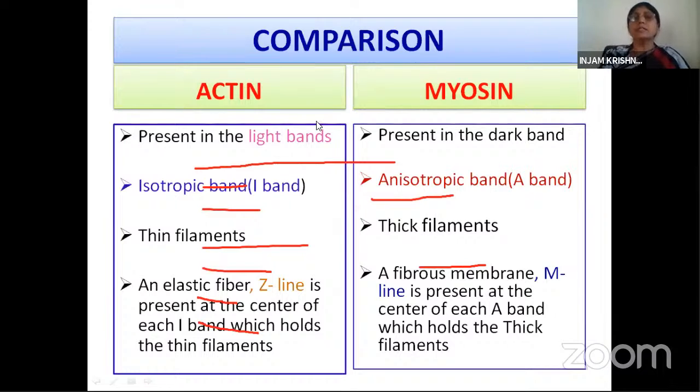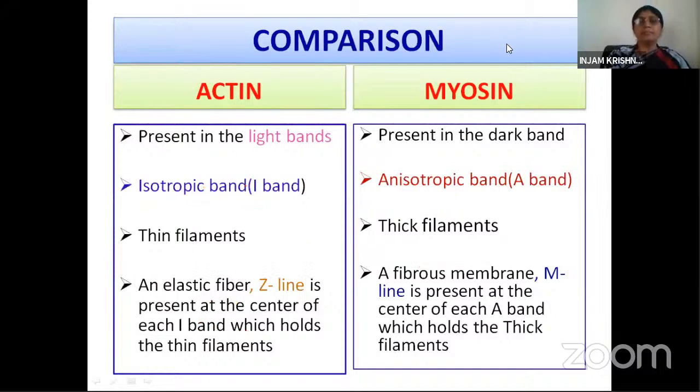Yes, I want to do the comparison of actin and myosin, because these two are the contractile proteins, not regulatory, sorry. I want to compare them. Actin is present in the light bands.